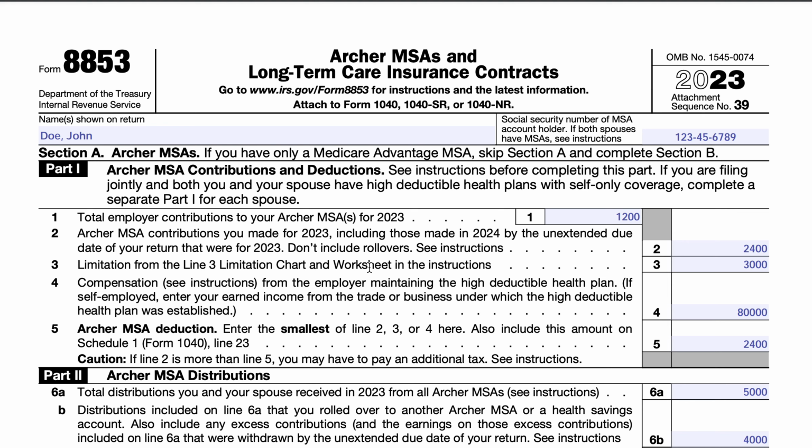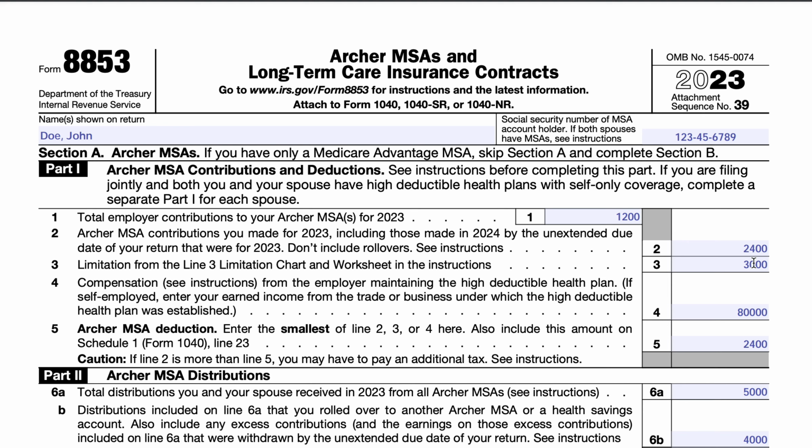So lines 2, 3, and 4, if you recall, the smaller of these 3 lines is going to be the amount of your actual contribution. So in line 2, that's the amount of total contributions that you made for the year. That includes any made in the next year by the due date.